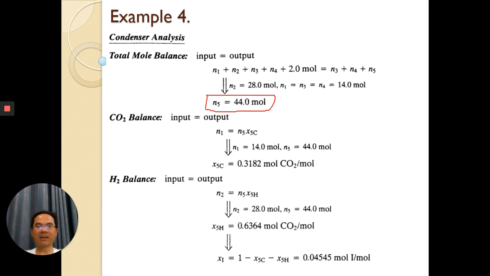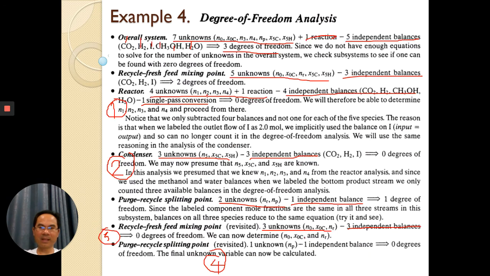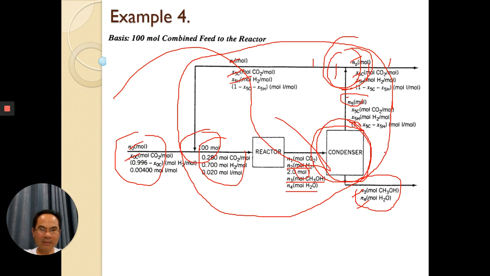And then you balance on carbon dioxide. We have carbon dioxide N1 and carbon dioxide in stream N5. Carbon dioxide is x_C multiplied by N5, equal to N1.